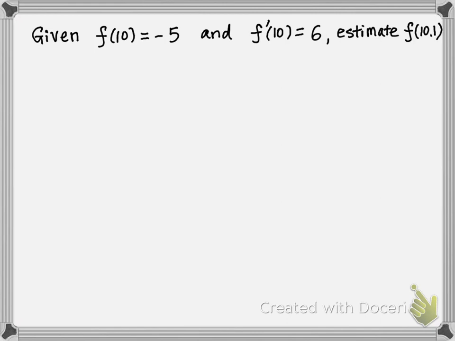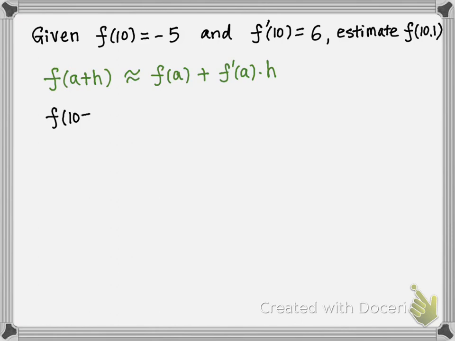Well, we use the formula that we just discovered earlier. So it's f of a plus h. When h is small enough, it's approximately f of a plus the rate of change times the change. So now we just need to break it up. f of 10 plus 0.1 is f of 10.1.